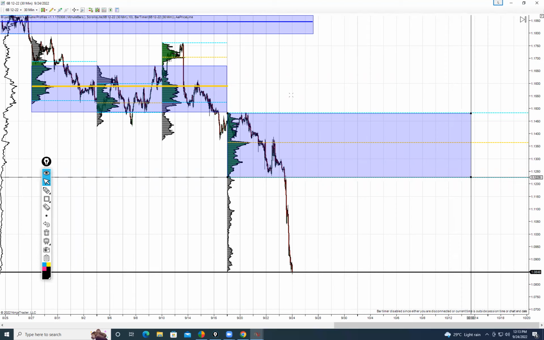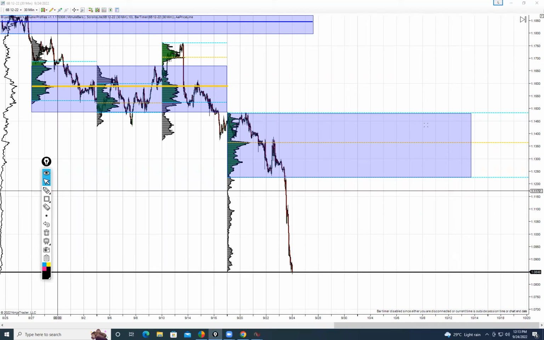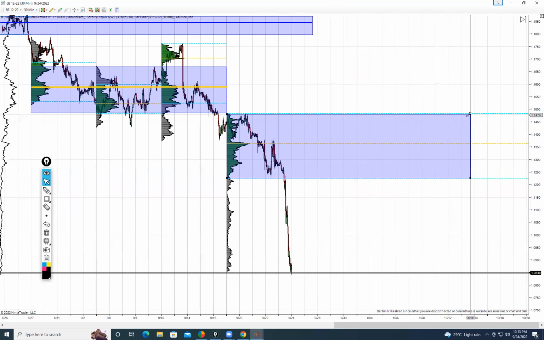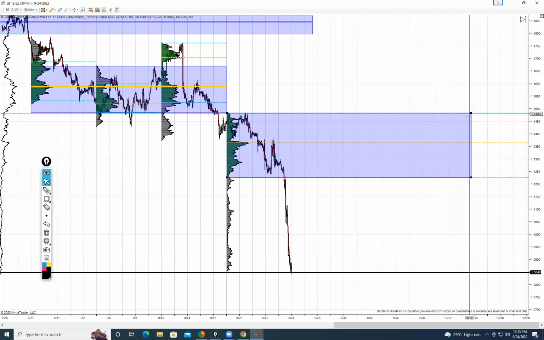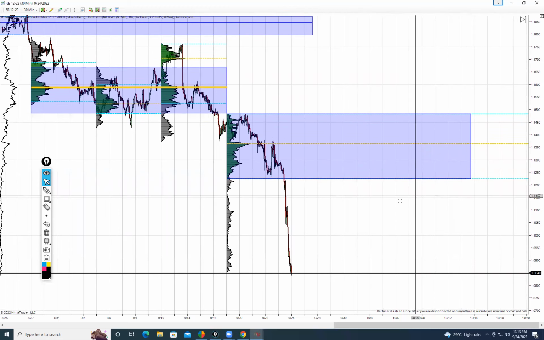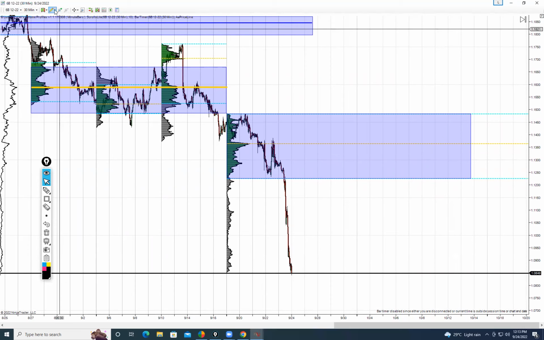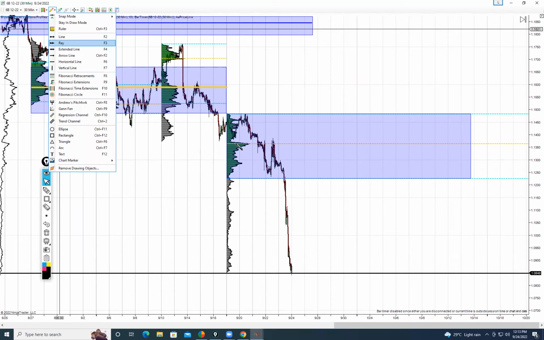They are different from each other. You can see that week and this composite are 2 different things. This is a confirmation that we have discovered new values below. So this is this week's profile. We can also highlight the volume point of control.